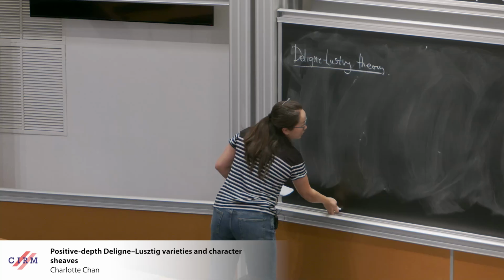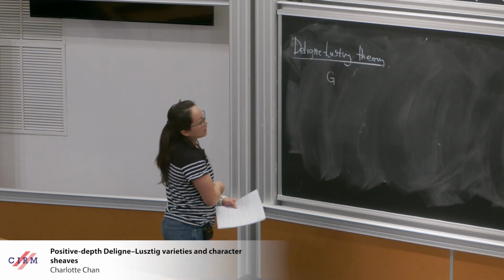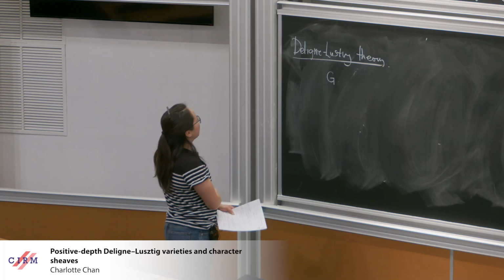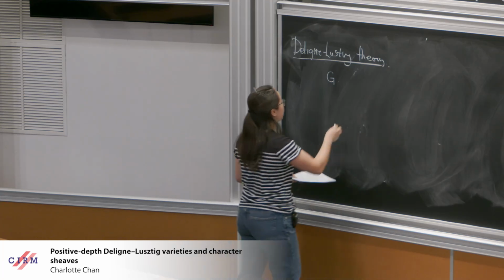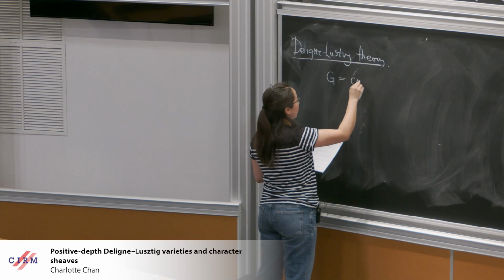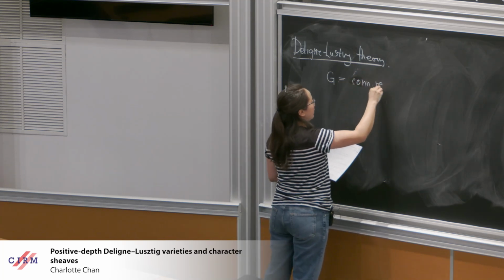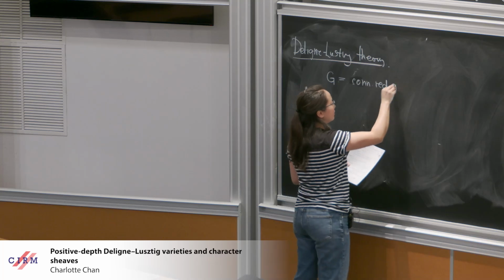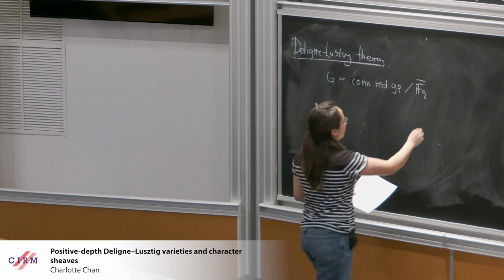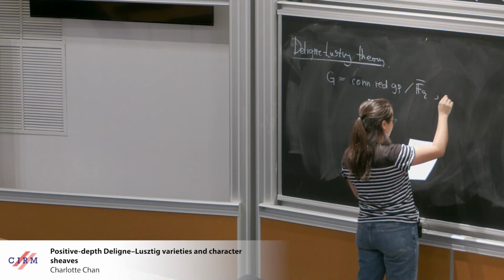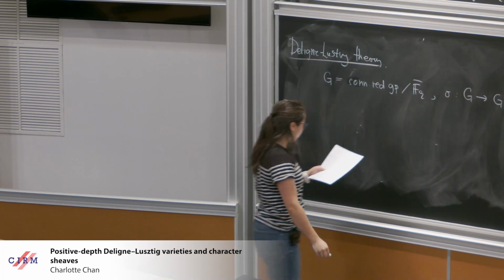So again, I start with G, a connected reductive group over FQ. Part of this theory is a bit easier if I allow myself that this is connected. I kind of separate the FQ-ness. So I'm going to take this over FQ bar, and to remember the FQ rational structure, I will record Frobenius.